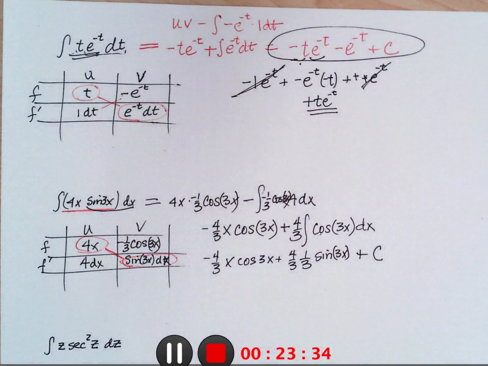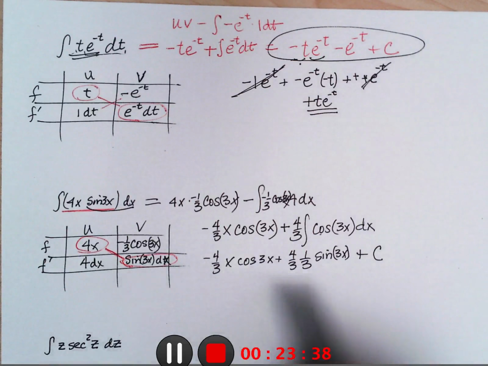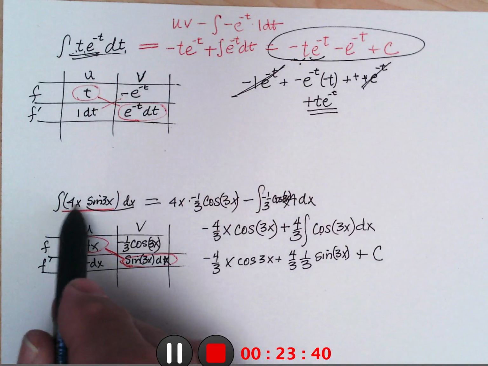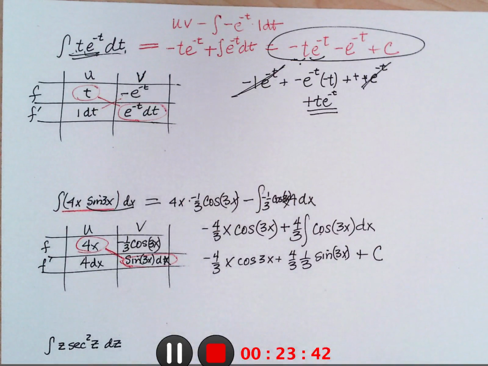Now let's check ourselves. Let's take the derivative of this and make sure we get 4x sine of 3x. So this is a product.